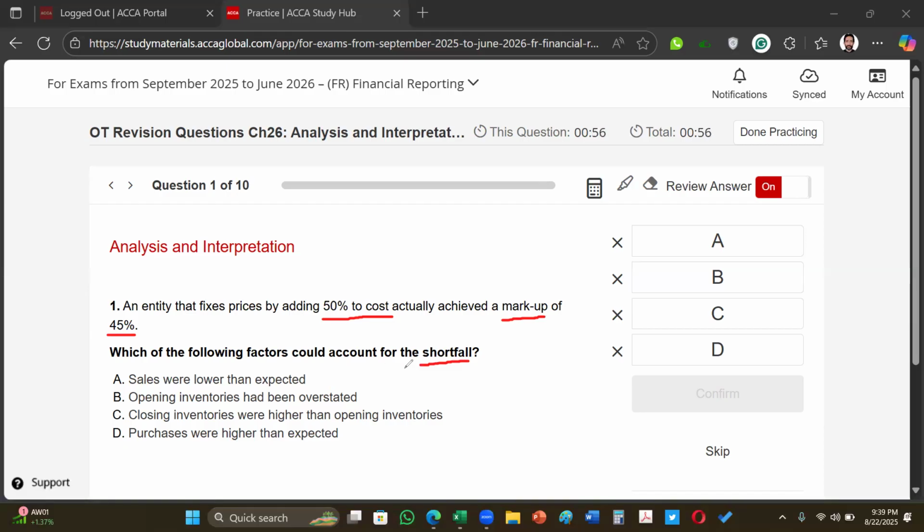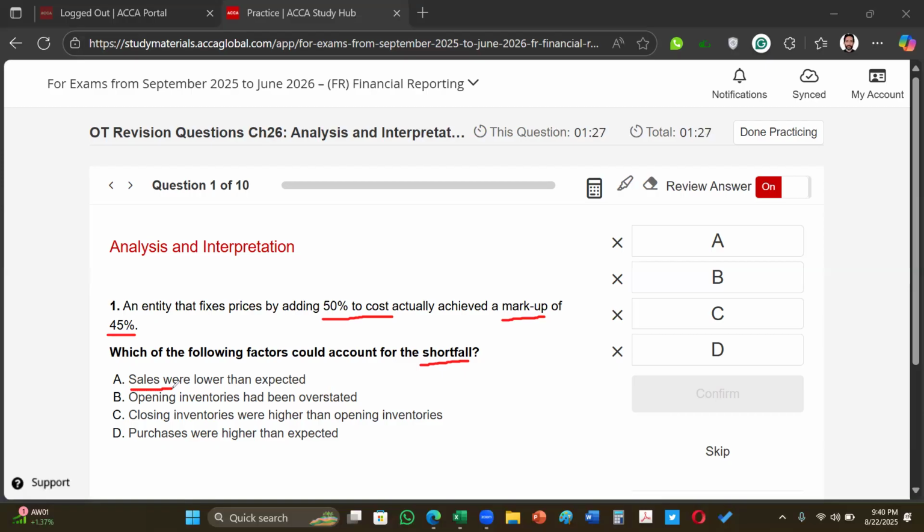Number one, the sales were lower than expected. You see, these sales do not have an impact because this is about the selling price. If they say the sales were lower, it means that we sold fewer products. This has got nothing to do with the fact that we were able to charge a lesser selling price.